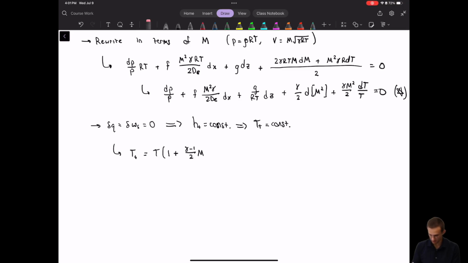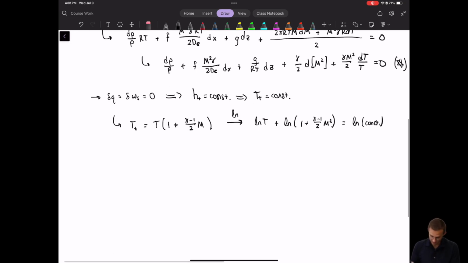we're going to take the natural log of this. We end up with the natural log of T plus the natural log of the quantity 1 plus gamma minus 1 over 2 M squared equal to the natural log of some constant, because the stagnation temperature is constant.